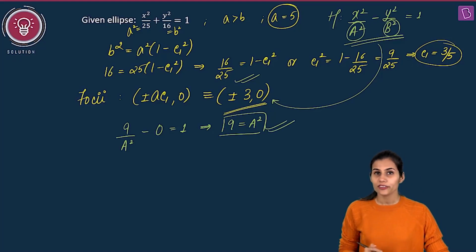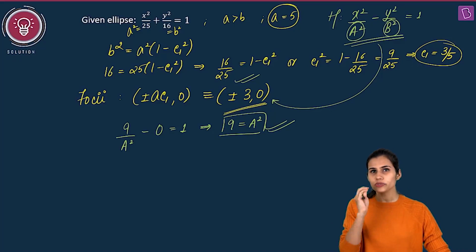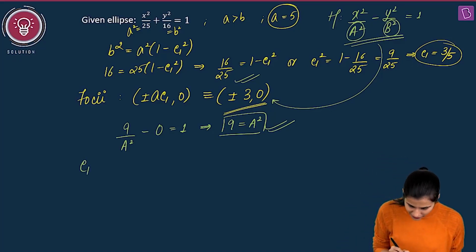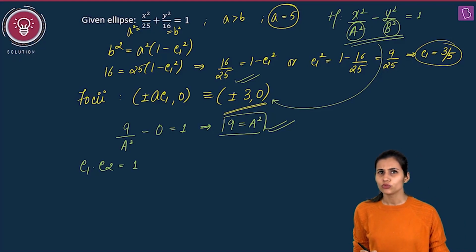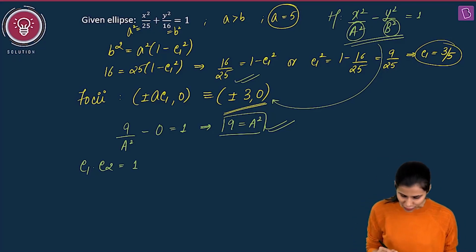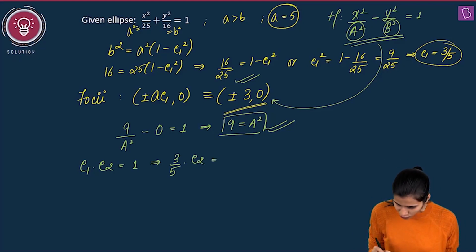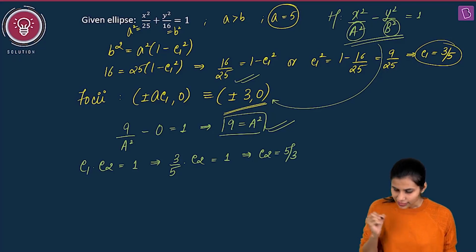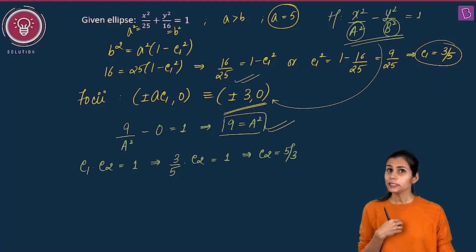What about b square? In order to fetch that, we are going to exploit the property that E1 into E2 is 1. What about E2? Do we have E2? Let's find out. See, E1 is 3 by 5. E2 I don't know. The product is 1, which means E2 is 5 by 3. Yes, I need b square.